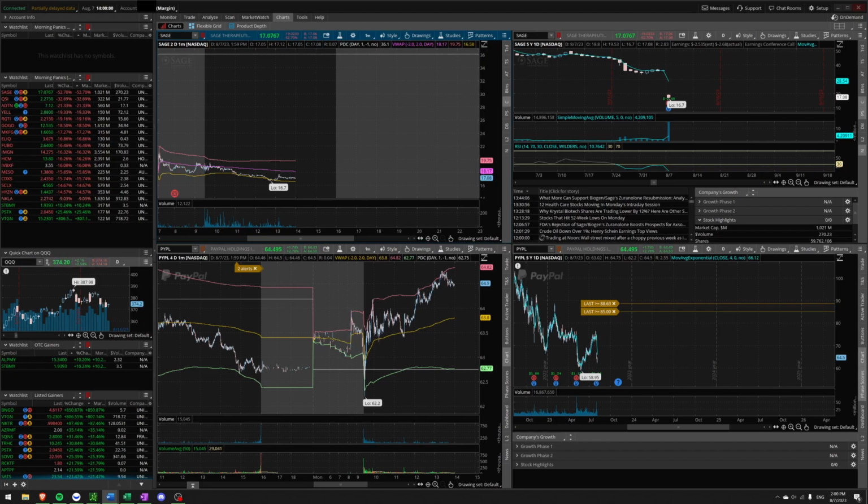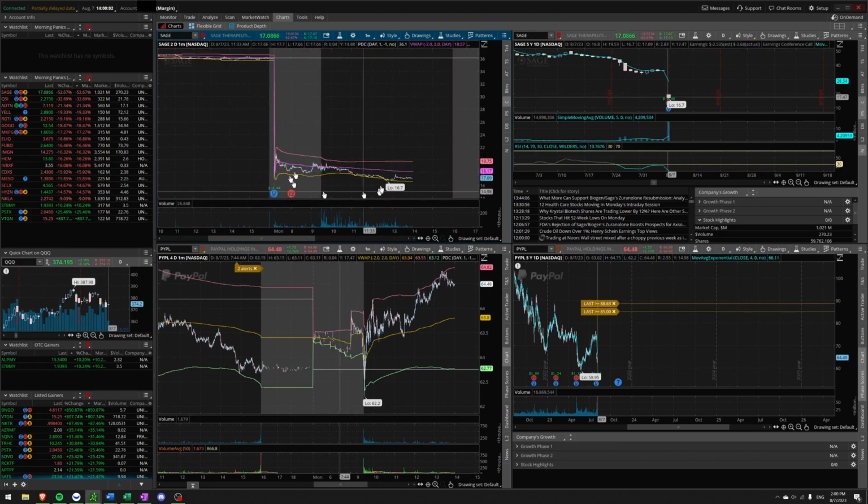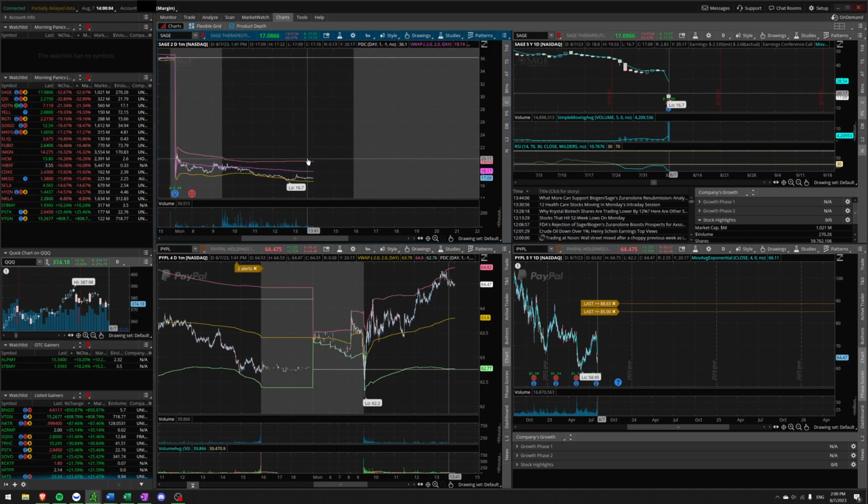Okay, so for this one, what I need to see is for it to have another red day. I'm going to put this on my watch list, but it does need to have another red day before I'm able to trade the bounce on it.